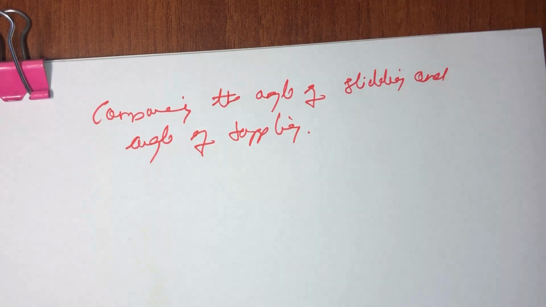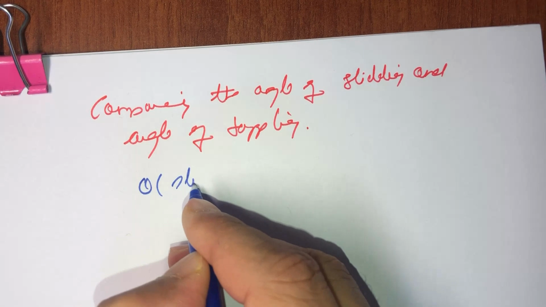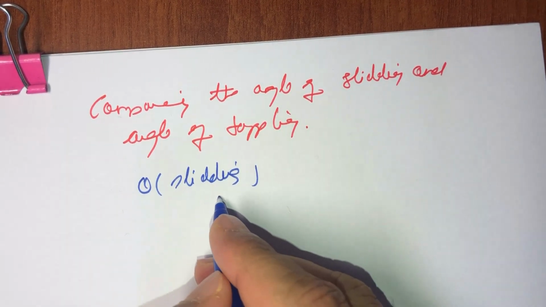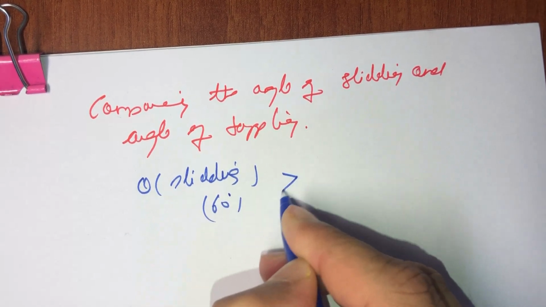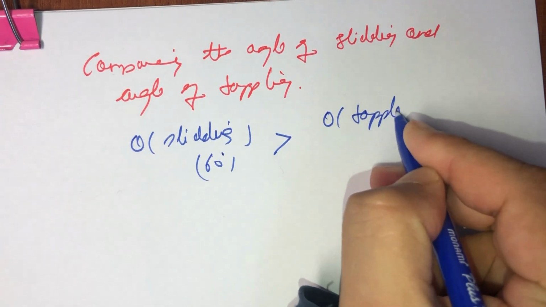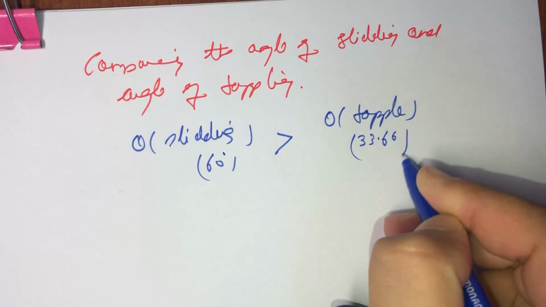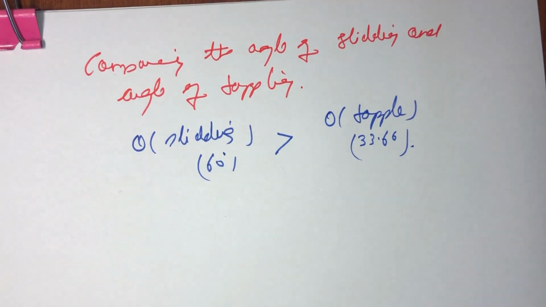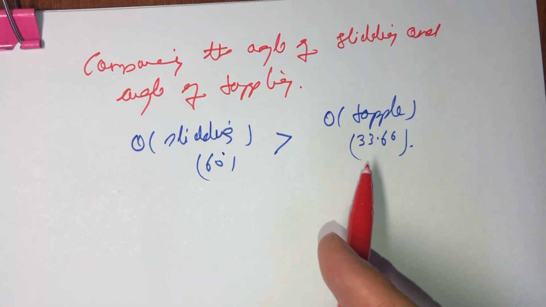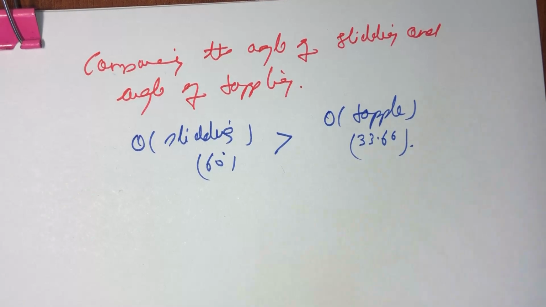So the comparison, we know that theta slide, which is our 60 degree, is greater than theta topple, which is 33.66. So it means we are going to reach theta topple first, as the angle of inclination is increased from 0 degree.